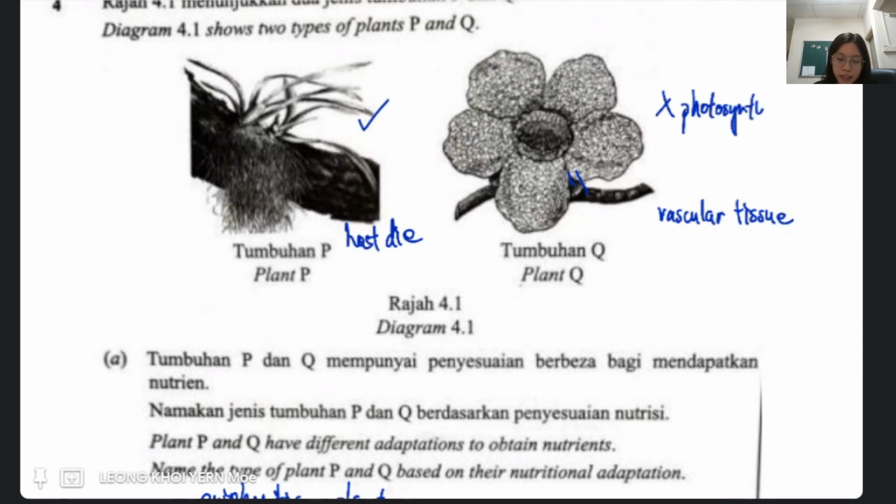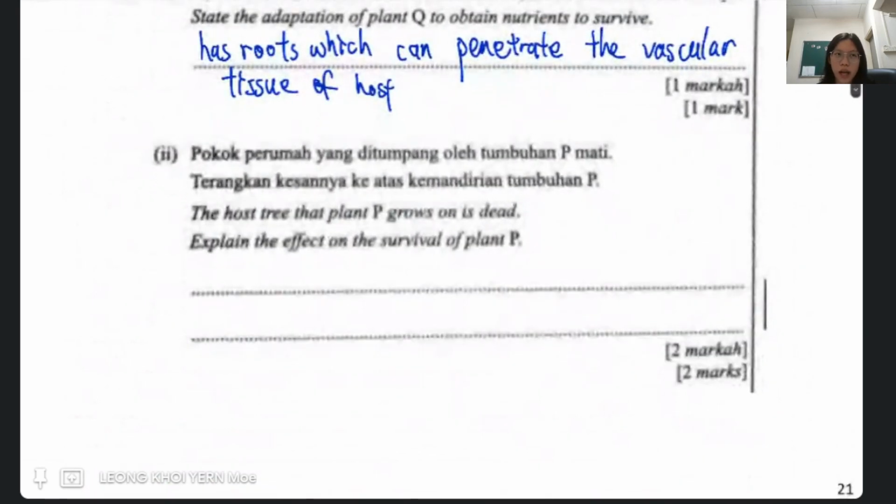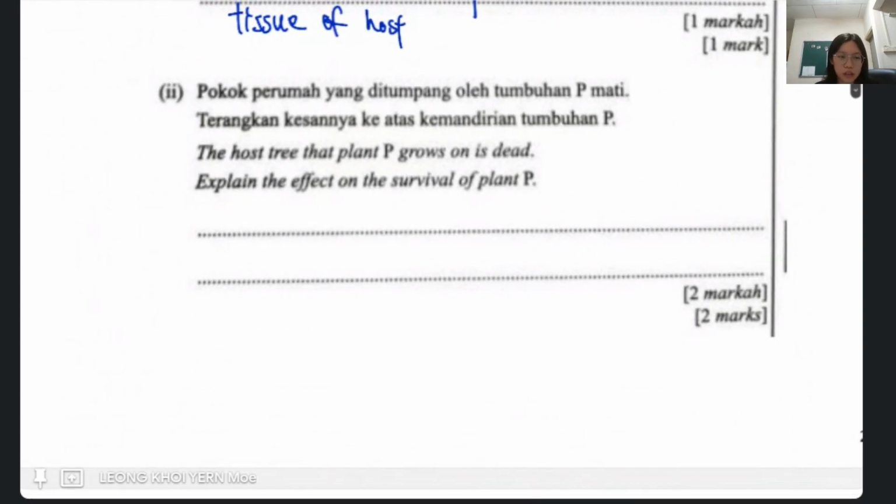So if the host dies, it still can do photosynthesis on its own to produce glucose, and glucose is needed for energy for the most important process. So yeah, it still can survive basically because it can still photosynthesize on its own, meaning it can make its own food.